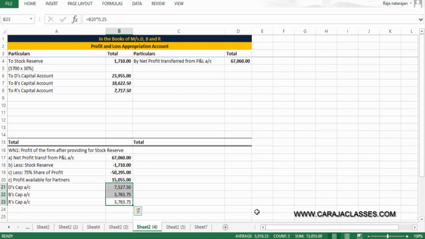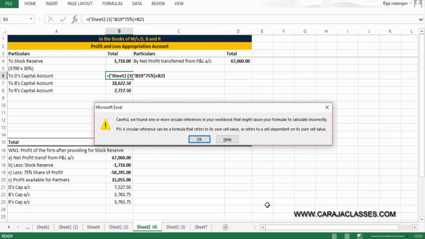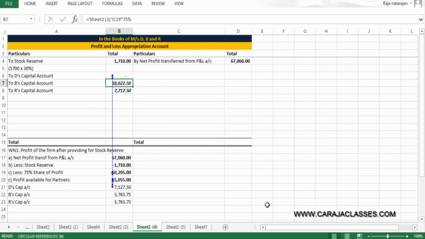So this should also be credited to the partners' capital accounts. Let me add this also. Already we have calculated this value, which is 23,955. With that, let me add this also, 7,527.50. Let me check, there is a circular reference.